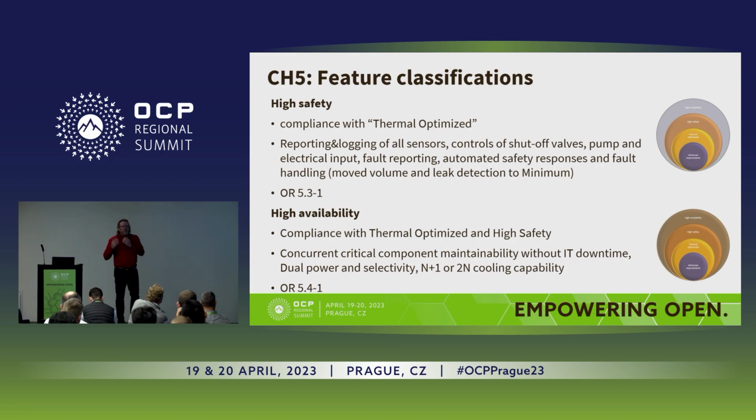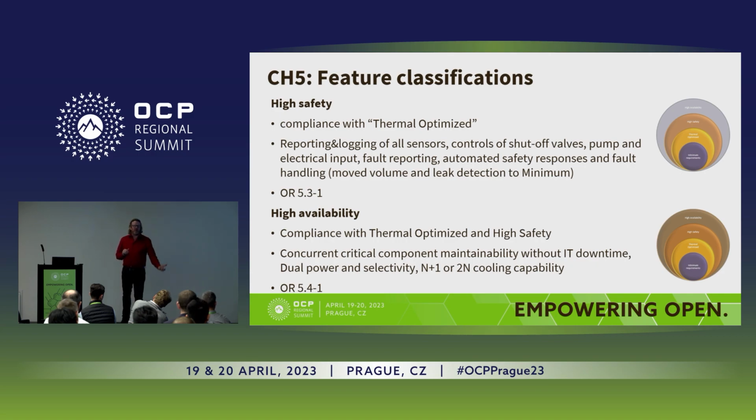There must be a fault reporting method, so the system must be able to send out fault reports or alerts, and also must have some automatic safety responses, right? So if this happens in combination with this, the system will independently perform an action aimed at protecting the IT equipment or something else that might be relevant around it, right? This section used to include the volume and leak detection. This is now moved to the minimum requirements.